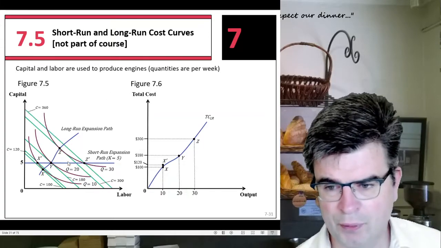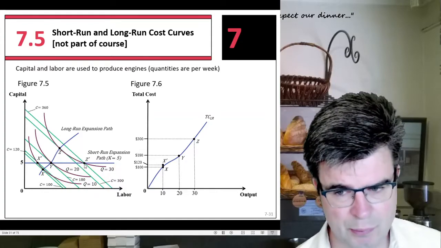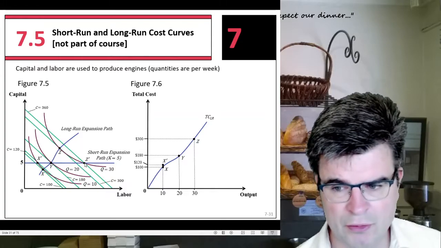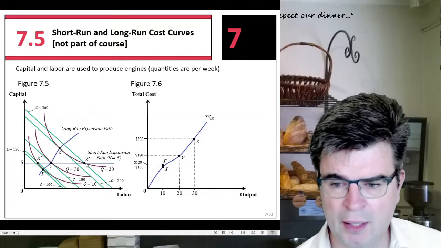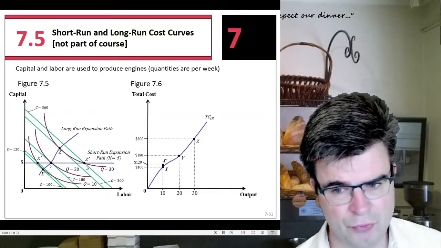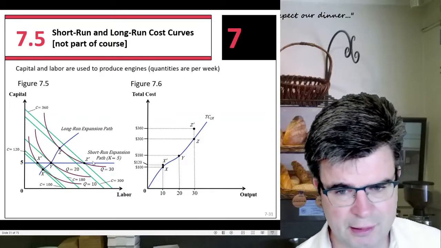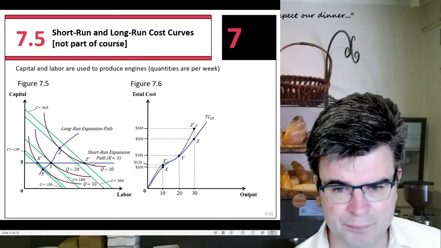So you cannot be at a point Z because your capital is fixed at 5 units. So the optimal thing that you can do is to be at point C prime. And at that level, your cost of production is not 300, but again, a little bit higher. So say 360 and so on.